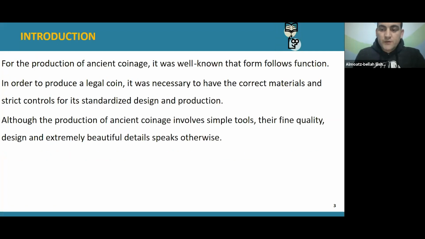For the production of ancient coinage, it was well known that form follows function. In order to produce a legal coin, it was necessary to have the correct materials and strict controls for its standardized design and production.